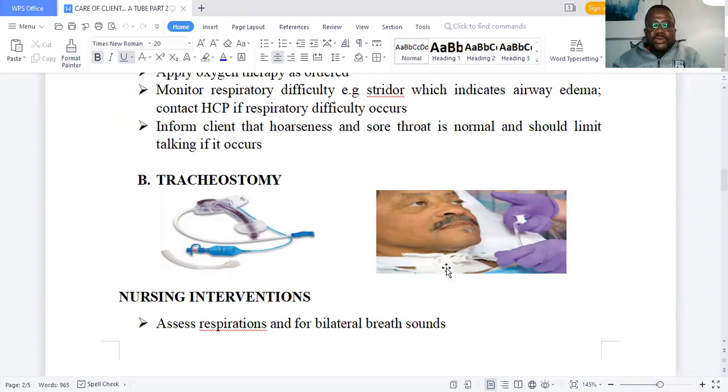What you also need to know is how to take care of this. There's a stoma here. Stoma means the site where the tube is inserted. There is a wound there, with some secretions coming out, so proper care has to be taken.